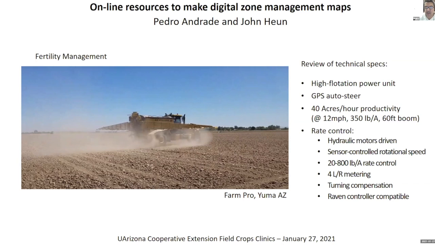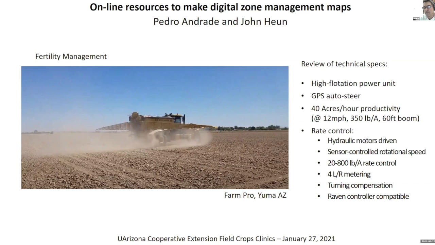It's an air spreader, twin beam type of spreader, high flotation, excellent for soils that have moisture, like what we have in Arizona and Yuma when they have to work out the field between crops. GPS auto steer, great. So they can plan their missions and they can go fast.